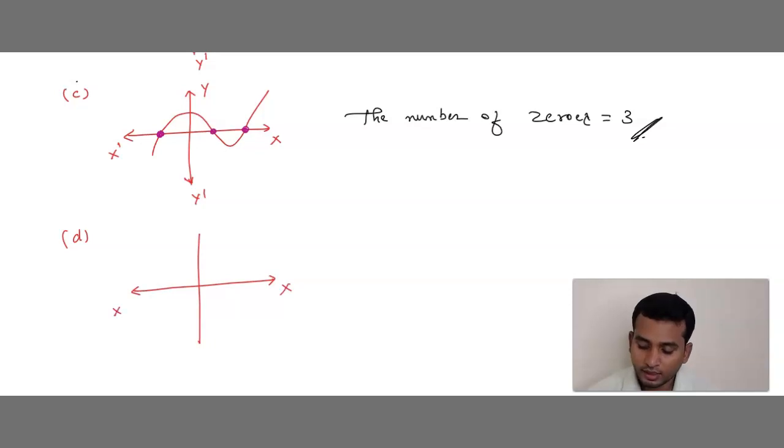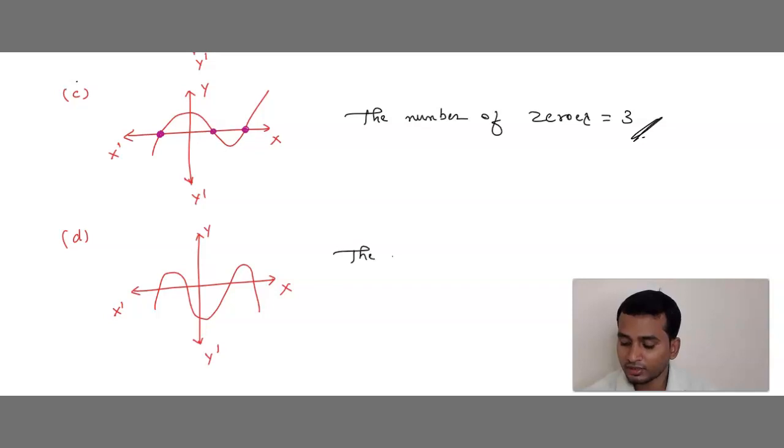This is x and this is x dash, and this is the y-axis and this is y dash. Now the question is like this. How many zeros does this graph have? Can you tell me?